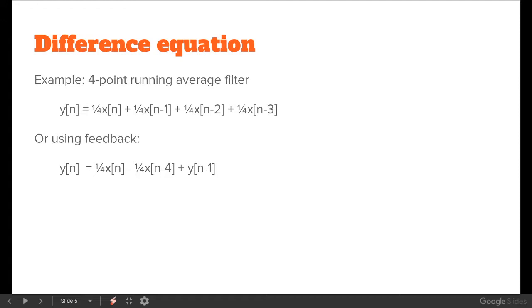The oldest value goes out, the newest value goes in with the weight factors, and then you have the previous value.